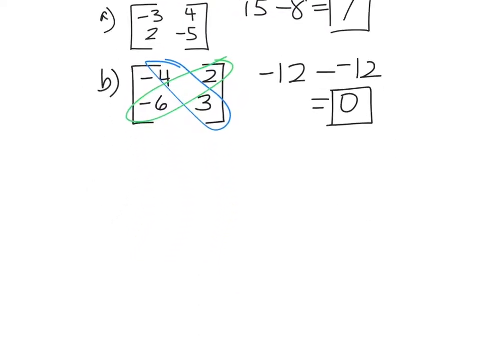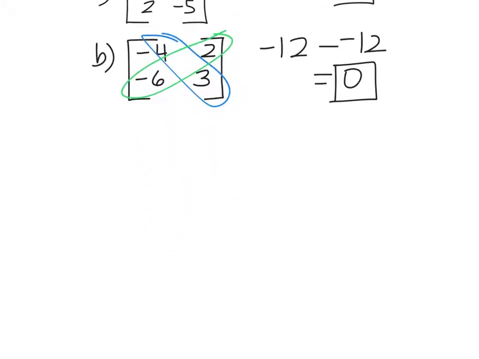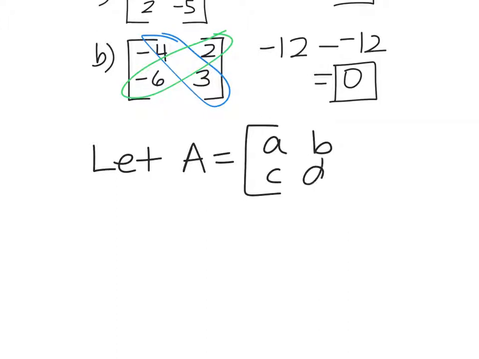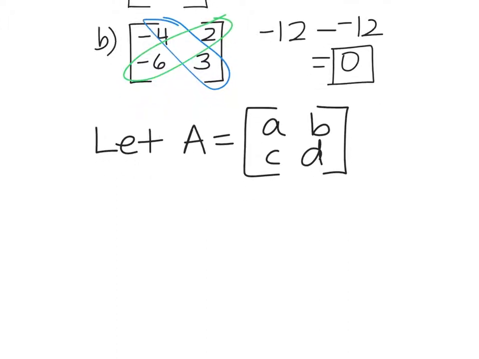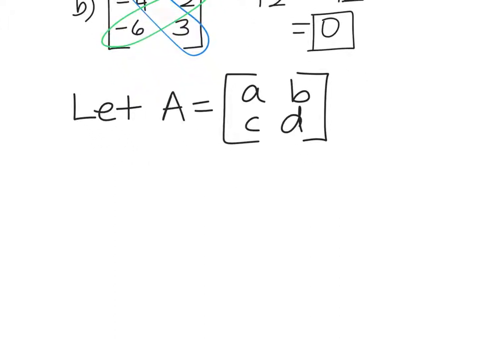Okay, here it comes. Here's how to find the inverse of a matrix. So we're going to go back and we're going to let matrix A equal A, B, C, D. Still that same matrix. Okay? And if the determinant of A does not equal 0, then here's what the inverse is.